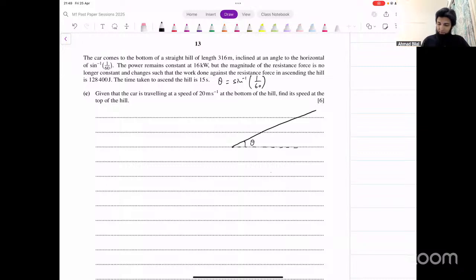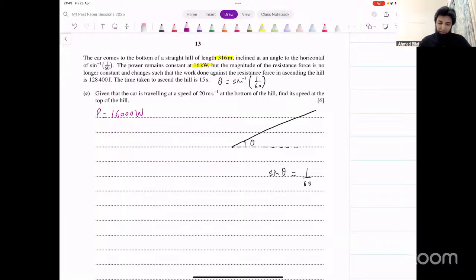Sine theta is equal to 1/60. That's what we're given here. Length is 316. The power remains constant at this value. Power is equal to 16,000 watt.